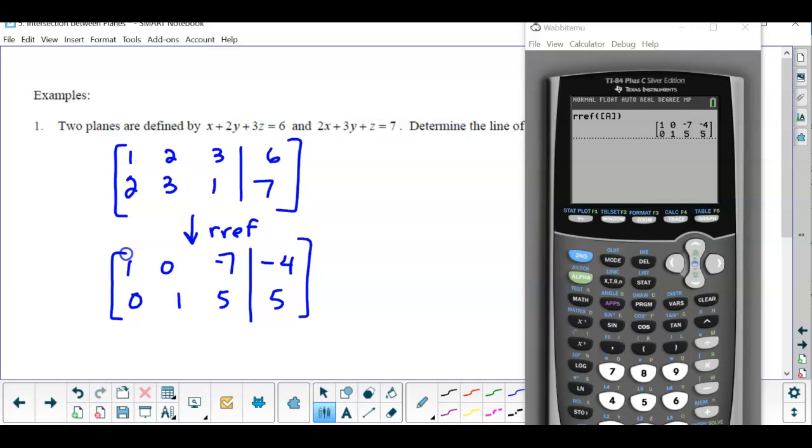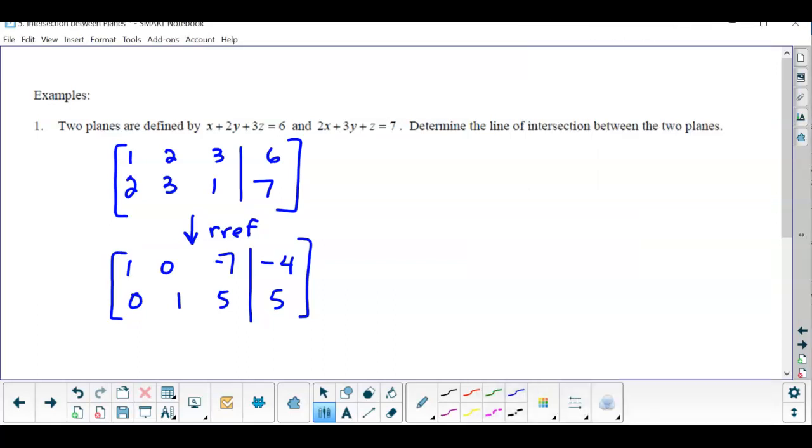We looked a little bit at this when we learned about solving systems using the calculator. Because it's 2 equations in 3 unknowns, we're going to let either y or z be a parameter. I would always let z be a parameter because if you're using RREF, this is already down to a 1.